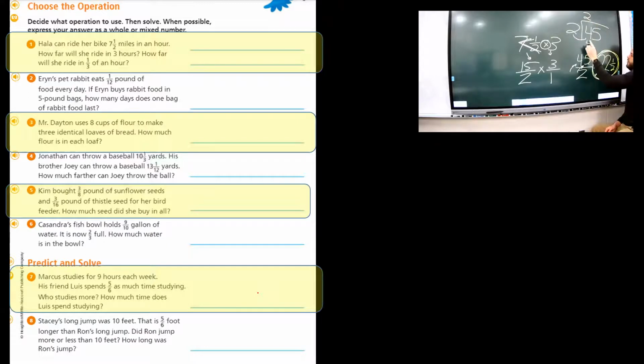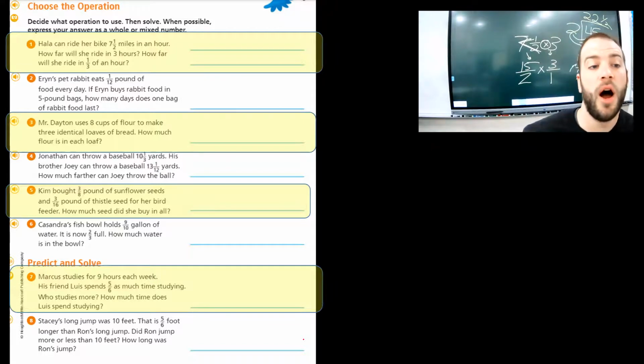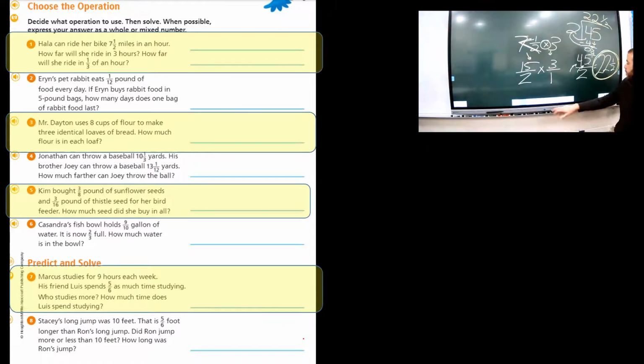There's nothing left over because it went in crisp and clean. And then 2 goes into 5 twice. And that was 4, so there's 1 left over. So it's 22.5. And then what is 1/3 of 7.5? Oh, hold on. So 22.5 is that answer.